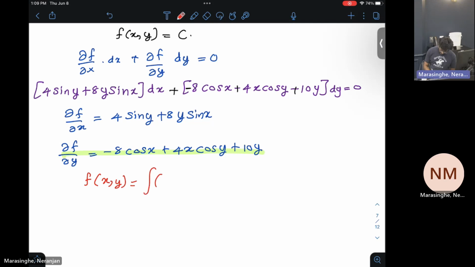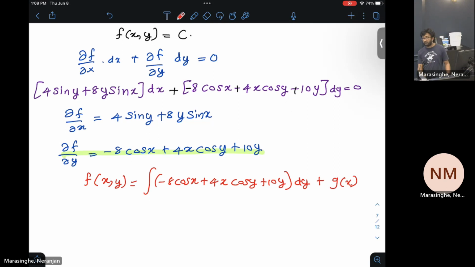This is the integral of negative 8 cosine x plus 4x cosine y plus 10y dy plus, now since I had the partial derivative of f with respect to y, I would get a function of x. Okay.